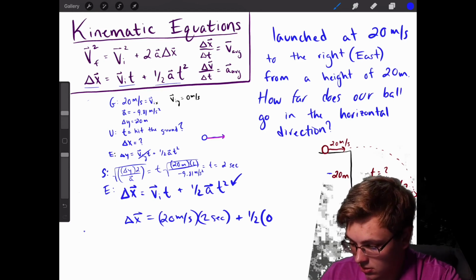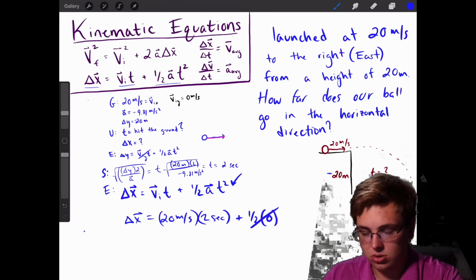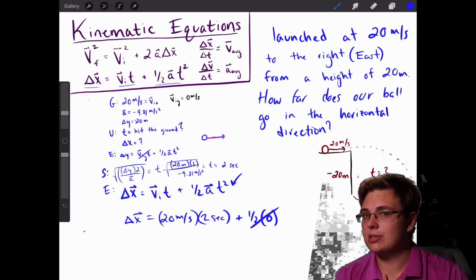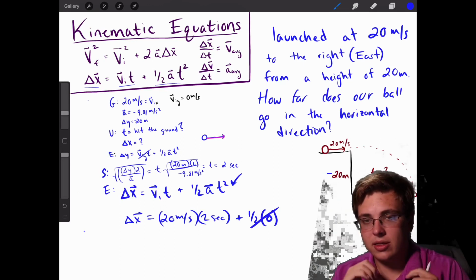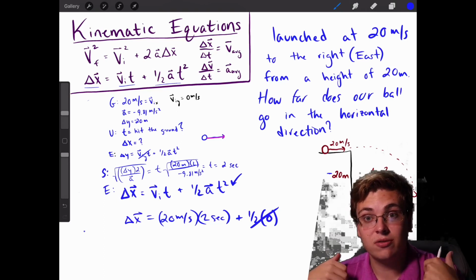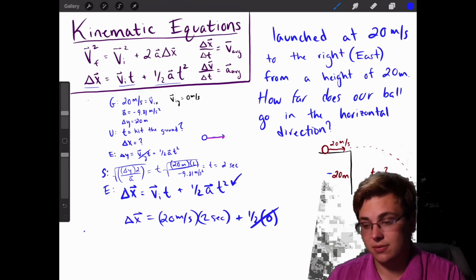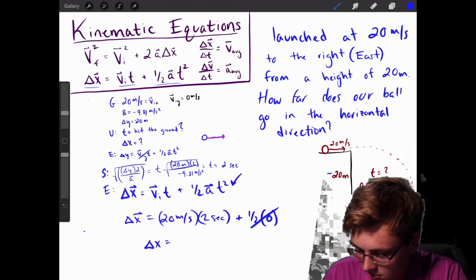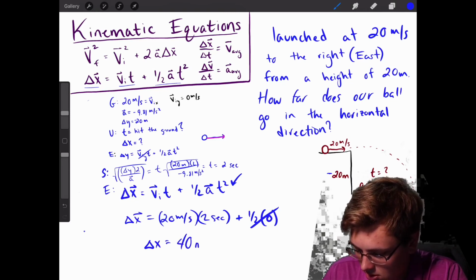Our a is 0. So this just goes away. Our a is 0 because our acceleration due to gravity is just downward. It's not to the right or left. And that's where breaking up into components and using vector resolution helps out significantly. So we can see our change in x is 40 meters.